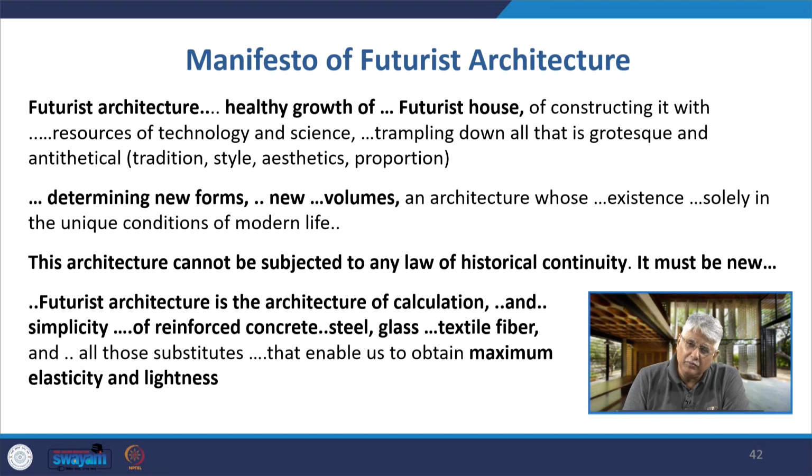It must be new. Futurist architecture is the architecture of calculation and simplicity, of reinforced concrete, steel and glass, textile fiber and all those substitutes that enable us to obtain maximum elasticity and lightness in our structures.